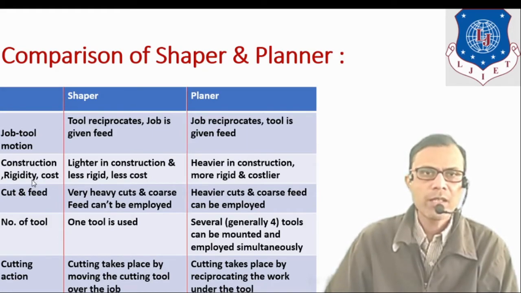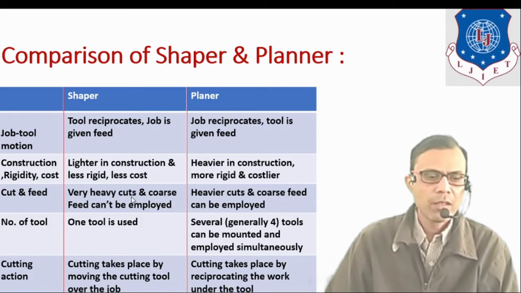Construction, rigidity and cost wise, the shaper machine is lighter in construction, less rigid and comparatively less in price, whereas the planer machine is heavy in construction, more rigid and comparatively costlier.